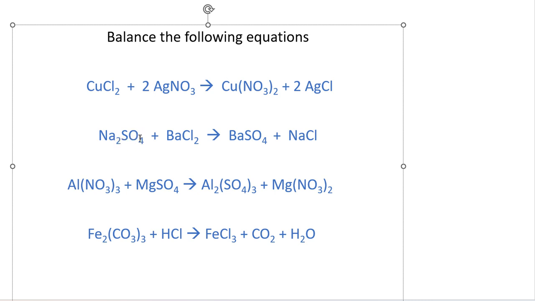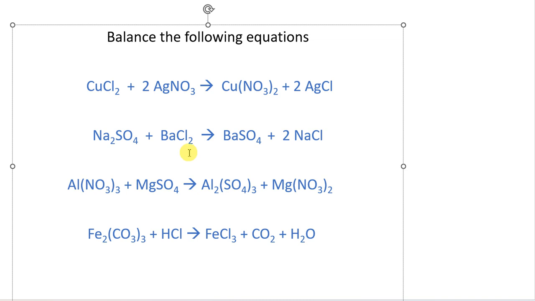Second one, Na2SO4 tells me 2 Na on the left. I need 2 on the right. Also, coefficient, it balances. 1 SO4 group to begin with, 1 SO4 group at the end, that's fine. Ba, 1 on the left and 1 on the right.